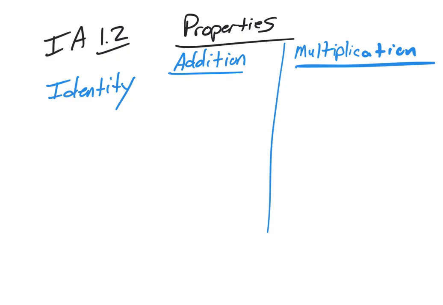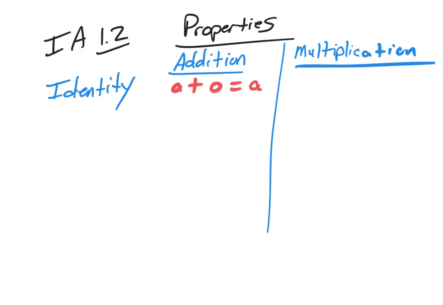If I have a number, what can we do to get back to that number? So if I have addition, if I have a number like 7, what do I have to add to that number to get back to 7? 7 plus what gives me 7? 0. Yeah. So the identity property of addition says some number a plus 0 equals that same number a.